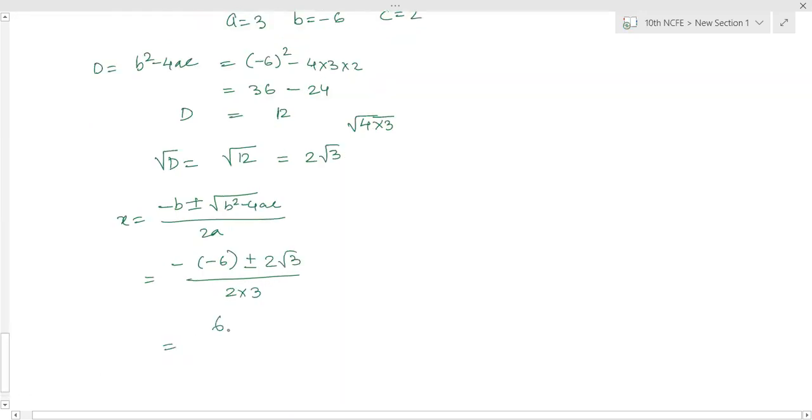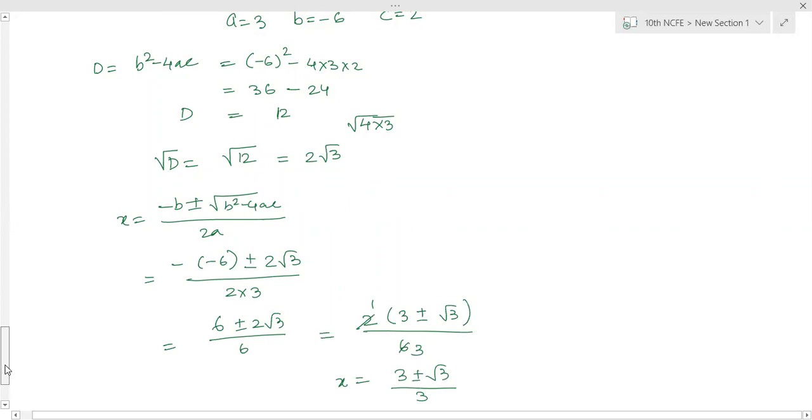Further it is minus minus is plus 6, plus or minus 2 root 3 by 6. Take 2 common, into bracket 3 plus or minus root 3 by 6. So it is 3 plus minus root 3 by 3 is the value of x.